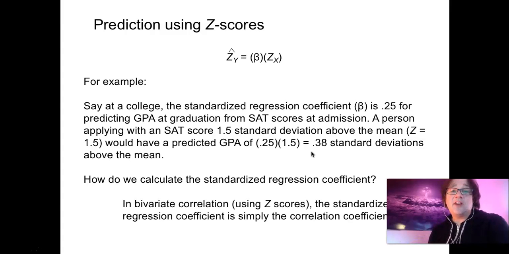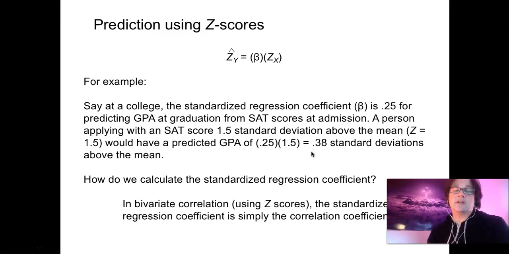Well, in bivariate correlation, remember when I said hopefully you reviewed the correlation lecture and readings before viewing this, because regression is essentially a continuation of correlation. When we calculate the correlation using our standardized scores for x and y, the standardized regression coefficient is simply r.